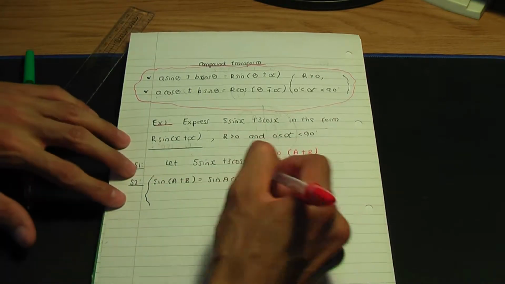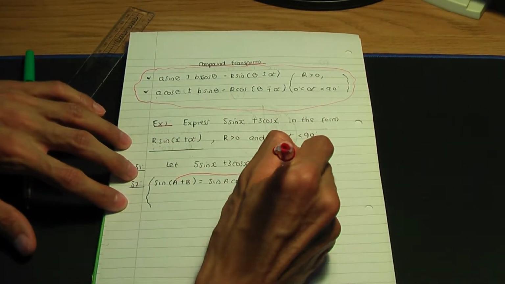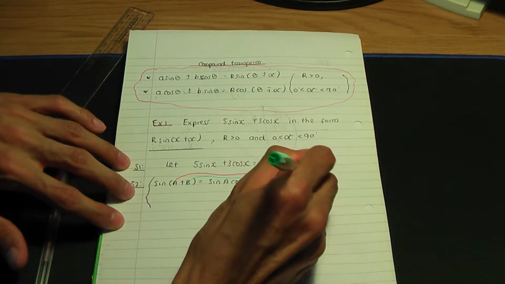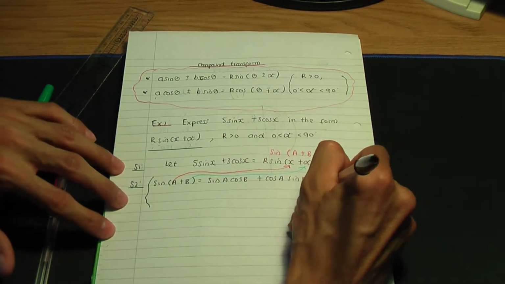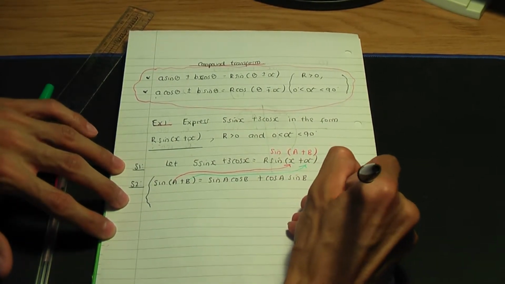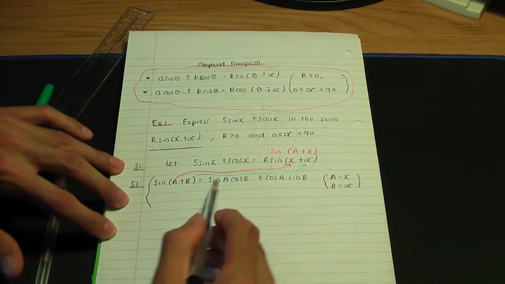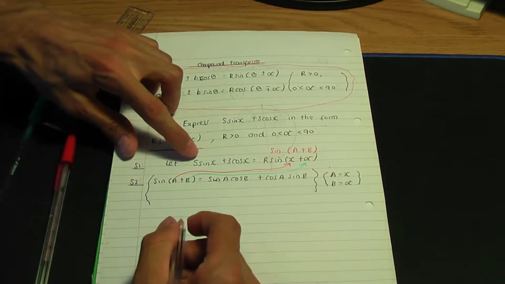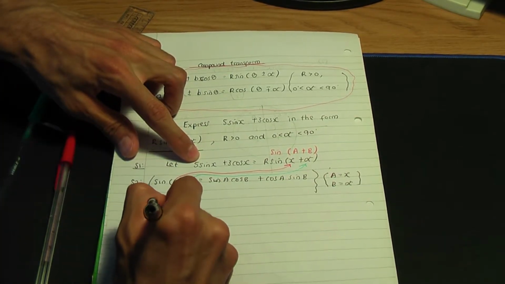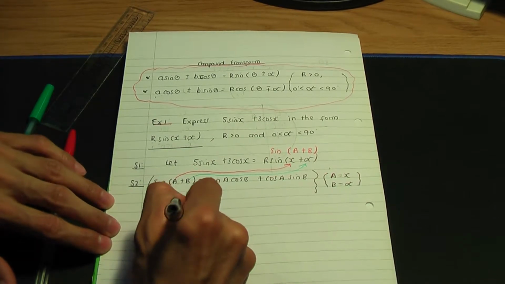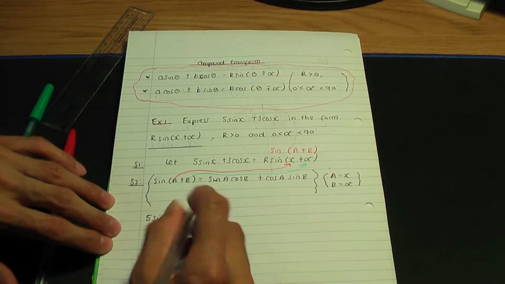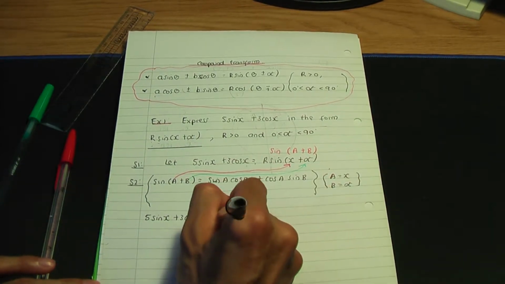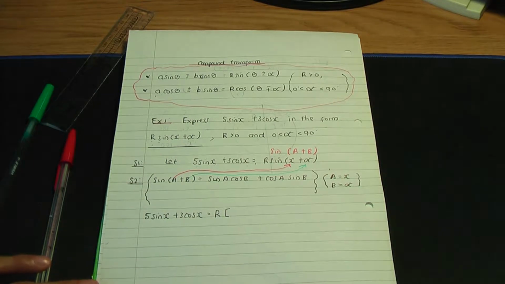And purely by comparison, my A is going to be x, and my B by comparison is alpha. So A is x, B is alpha. If I do the replacement over here, going back to the equation, 5 sine x plus 3 cos x, the term on the left hand side, is equal to, now I like to keep the r outside and open a square bracket.